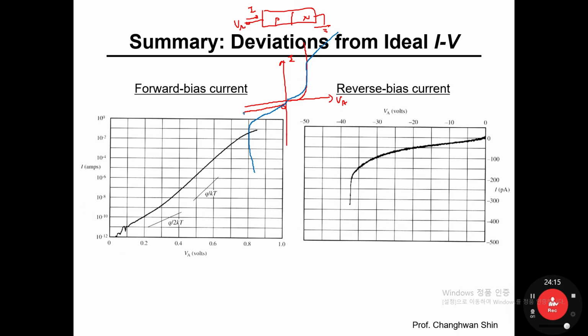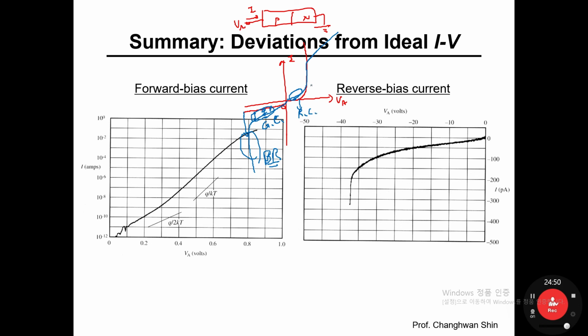And herein, how come the current is exponentially increasing? Because of the breakdown. And how come this saturated current would be monotonically increasing? Why is that? Because of the generation current. Okay. And how come in the small forward bias regime, a certain additional amount of current has been added into the ideal diode current? Why is that? Because the recombination current happened.